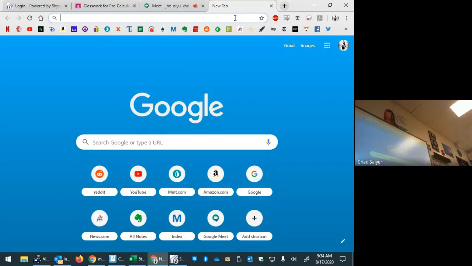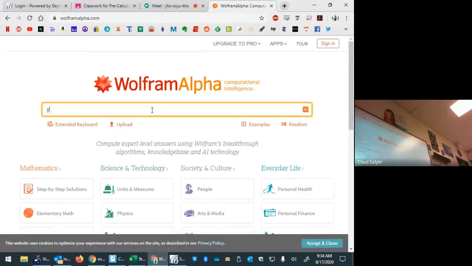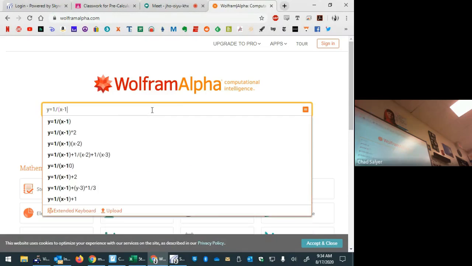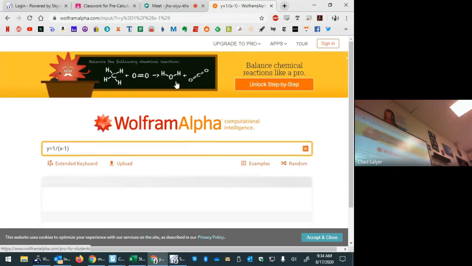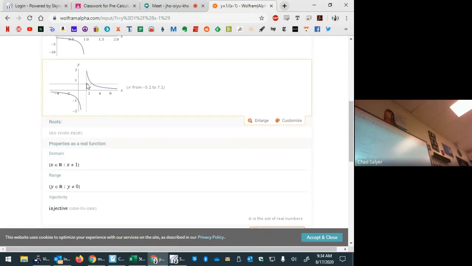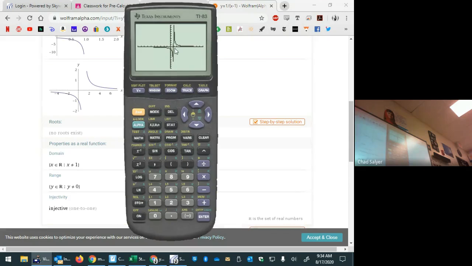So if I go to Wolfram Alpha, and I graph y equals 1 divided by x minus 1, this is a much better calculator, and it gives us this graph. And you see how there's no line in between those two right here, like there was on the calculator. So this line right here is a mathematical artifact.